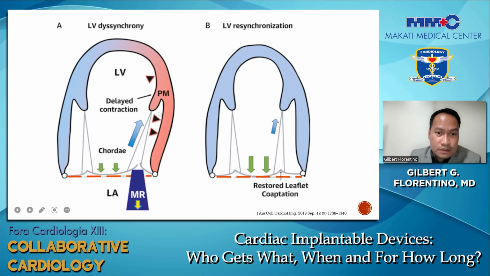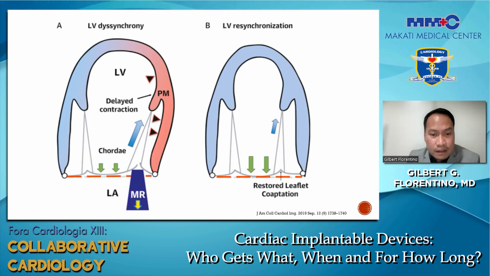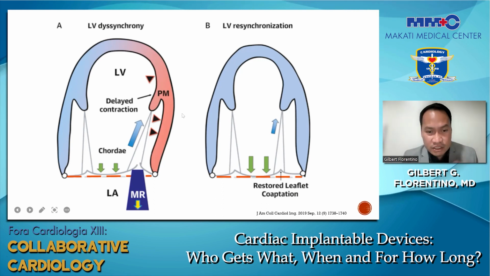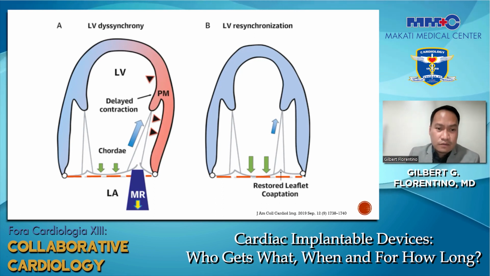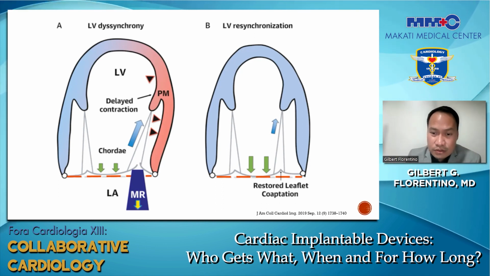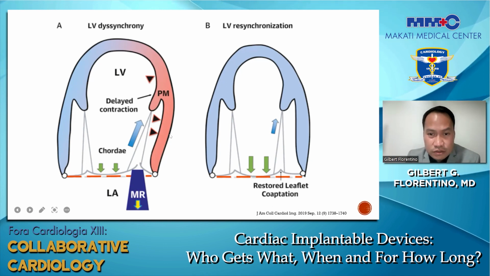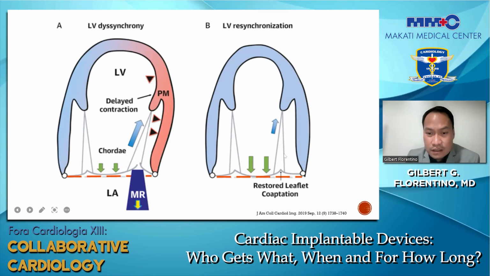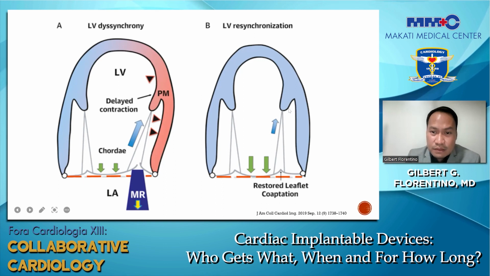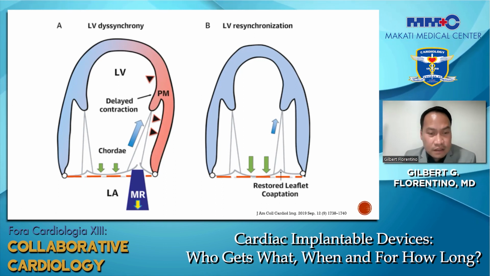By resynchronizing the LV, we can minimize the mitral regurgitation by restoring the uniform contraction and depolarization of the left ventricle. And that's the primary reason why we need to resynchronize the left ventricle.